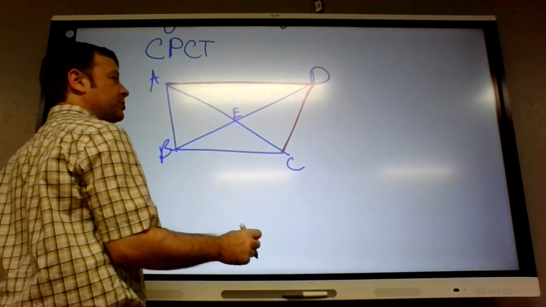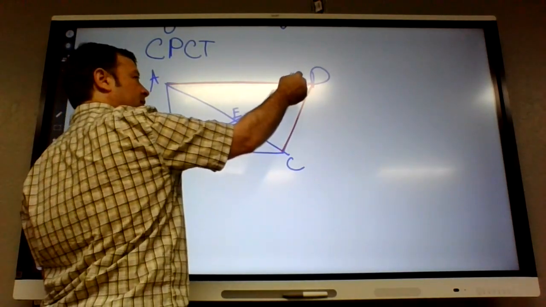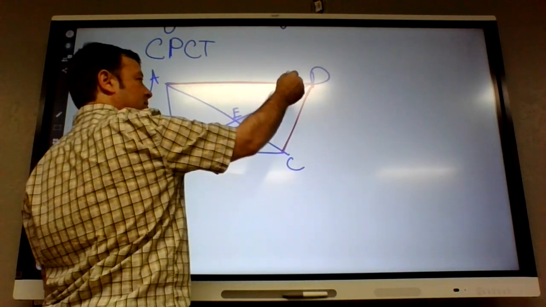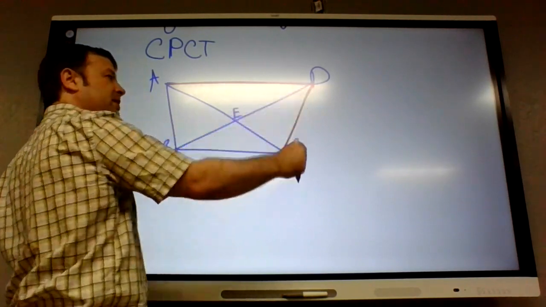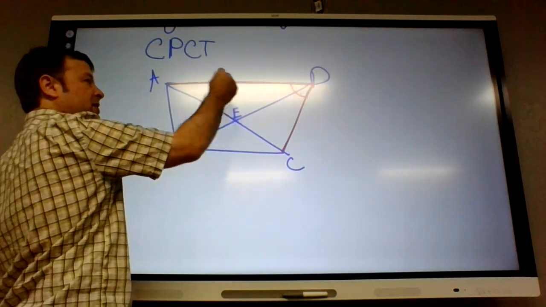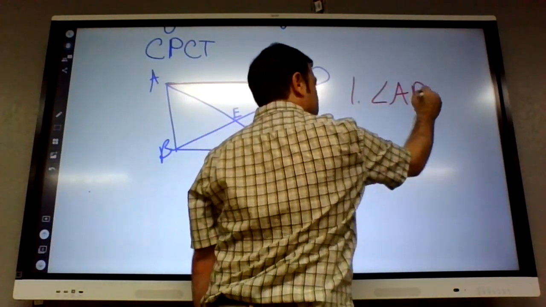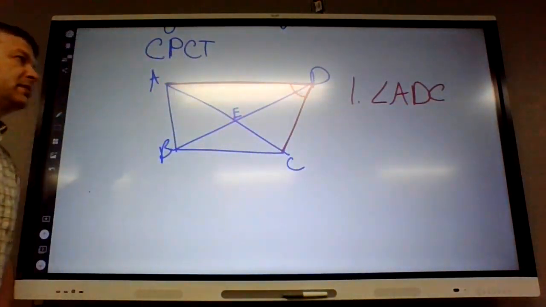What angle is between those two? You can't call it angle D, because there are multiple angles over there. So we have to call it angle ADC. So number 1 is angle ADC.